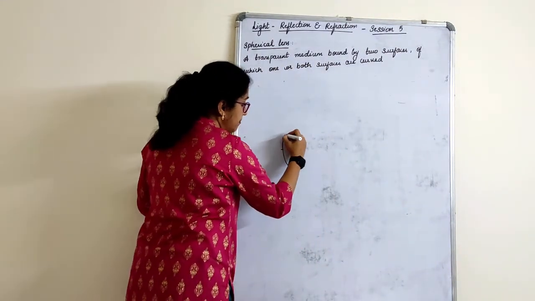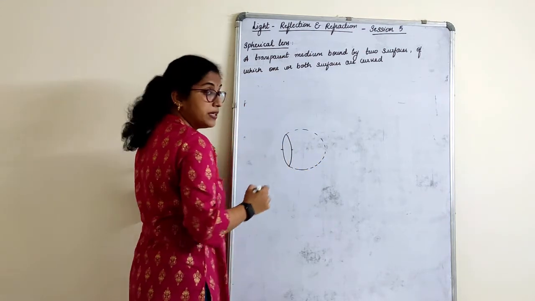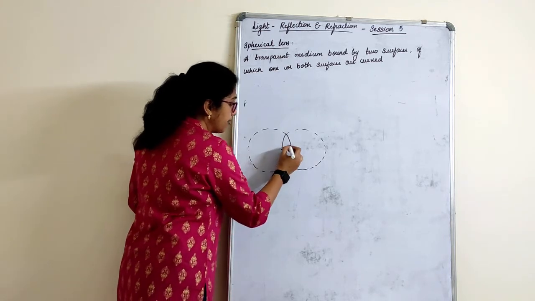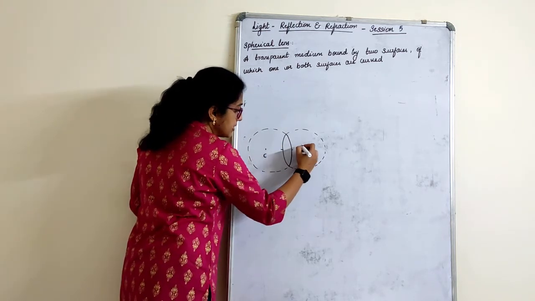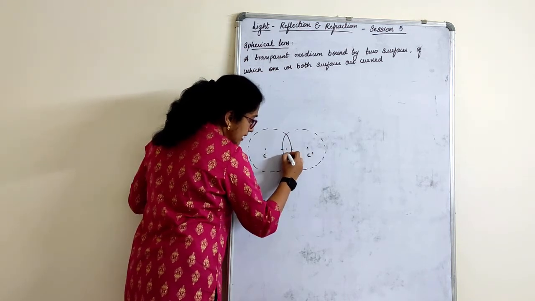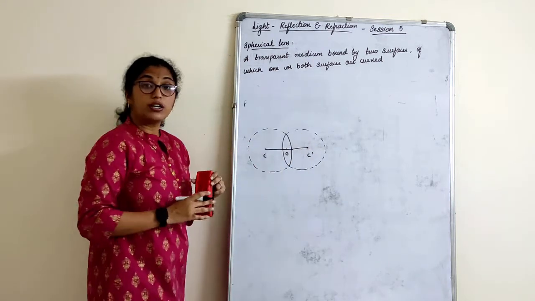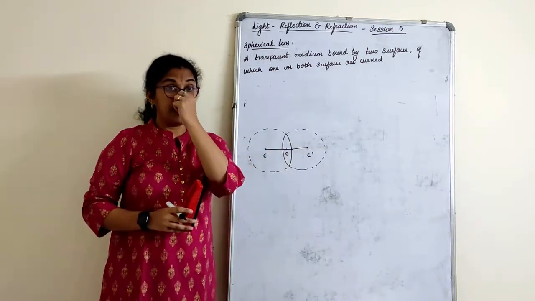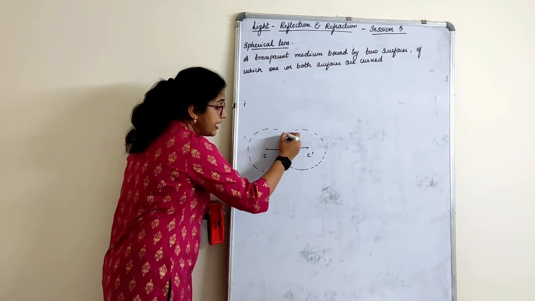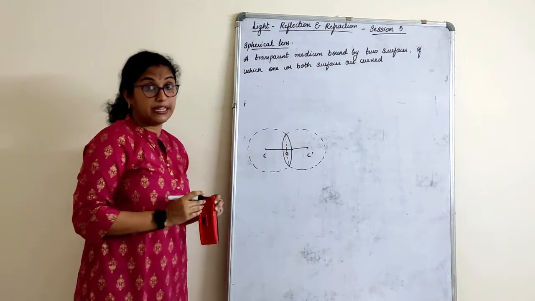If I assume this is one sphere, and I imagine this is another sphere, then with respect to this the centers are C and C dash, and this center is called O, which is the optic center, that is the center of the lens. The line which divides the lens at the optic center, this part is called the aperture.